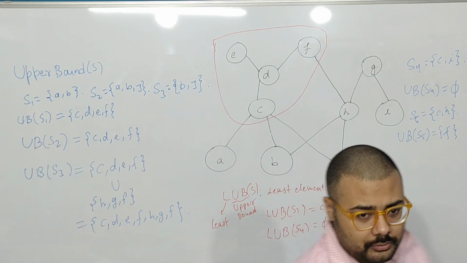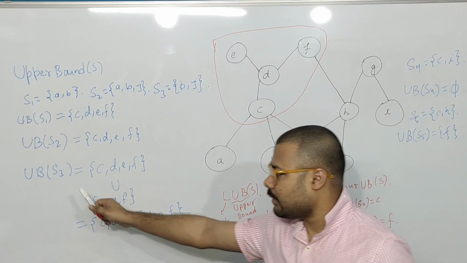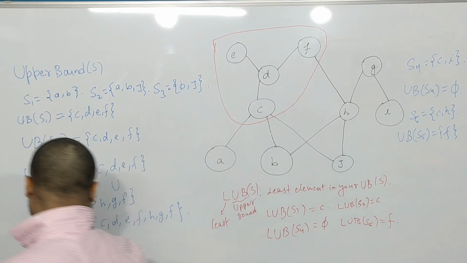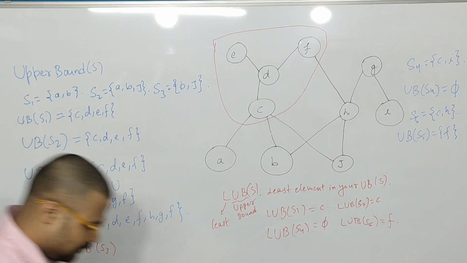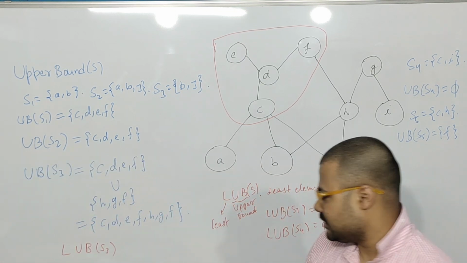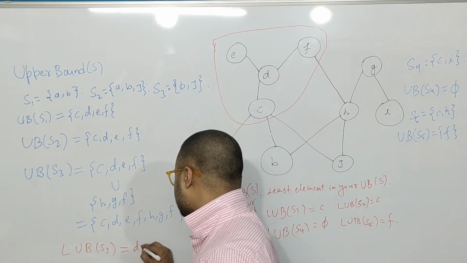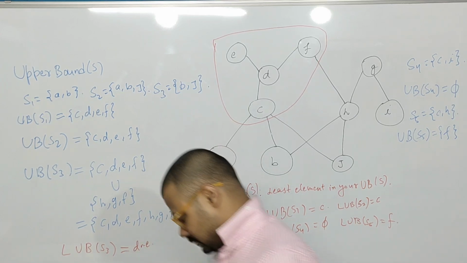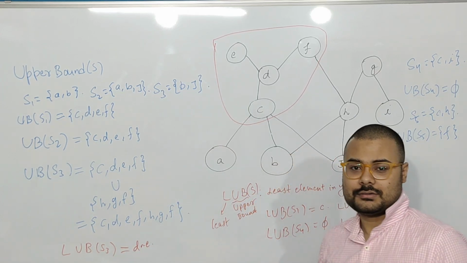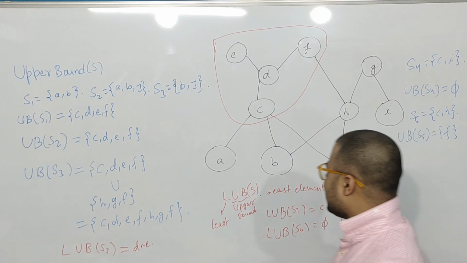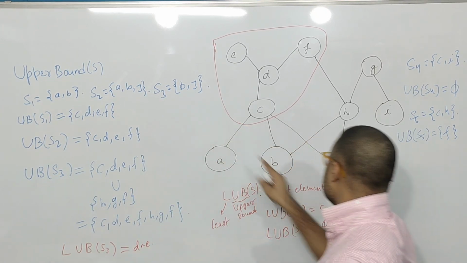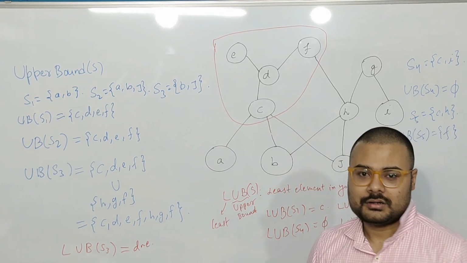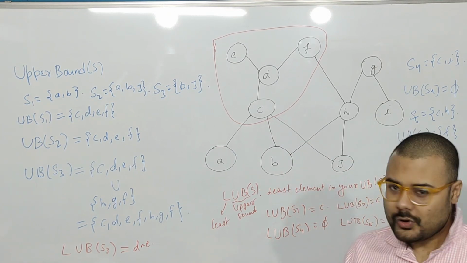Now let's look at the least upper bound of S3. It does not exist. Why? Because as you can see, for S3, which is B and J, there is not a unique join point.